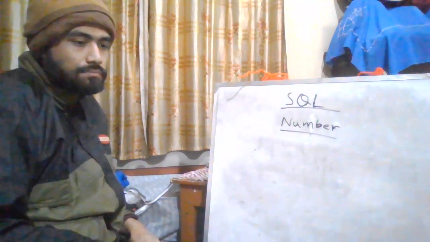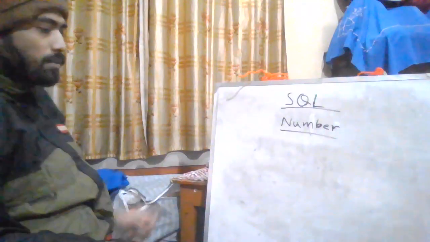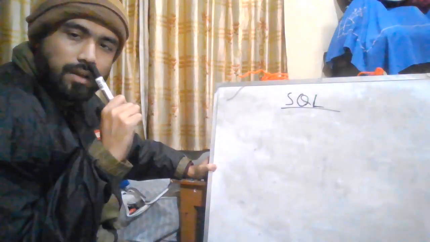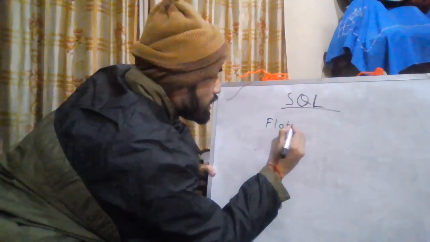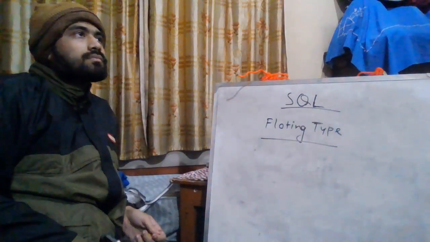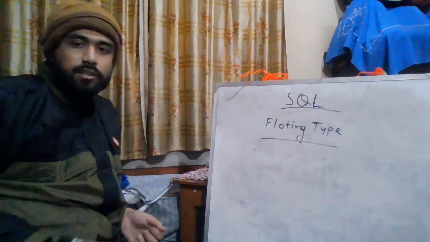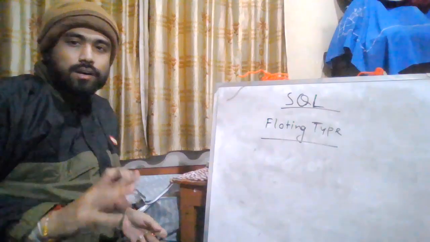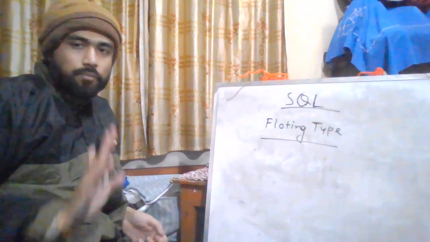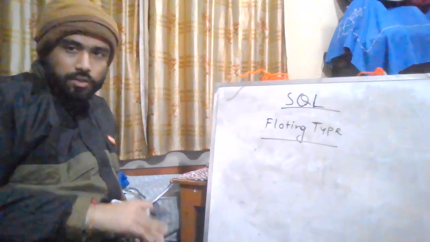Now, after integer we have another type of numbers, which is floating type of data, floating type of numbers. If you are learning SQL, obviously you have learned C programming language or any kind of programming language before this.